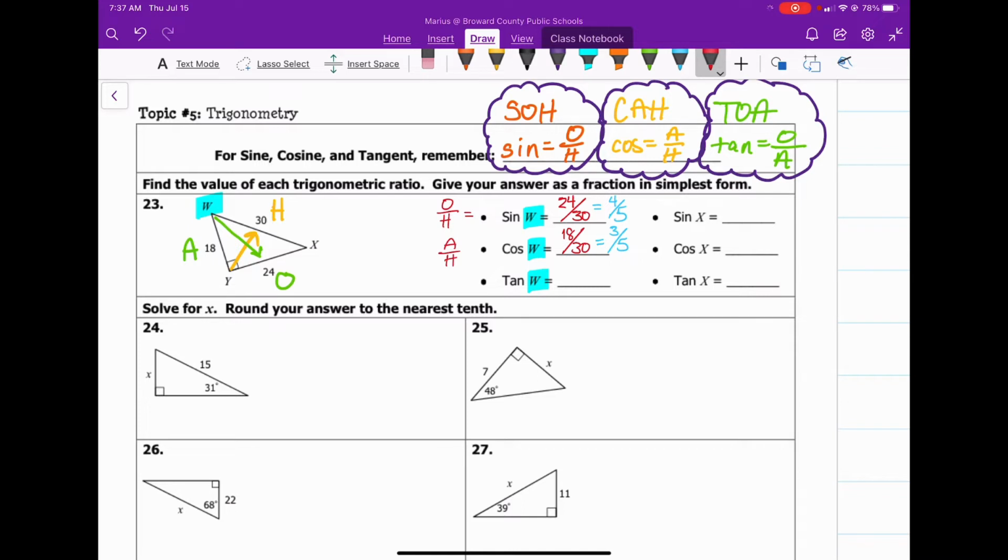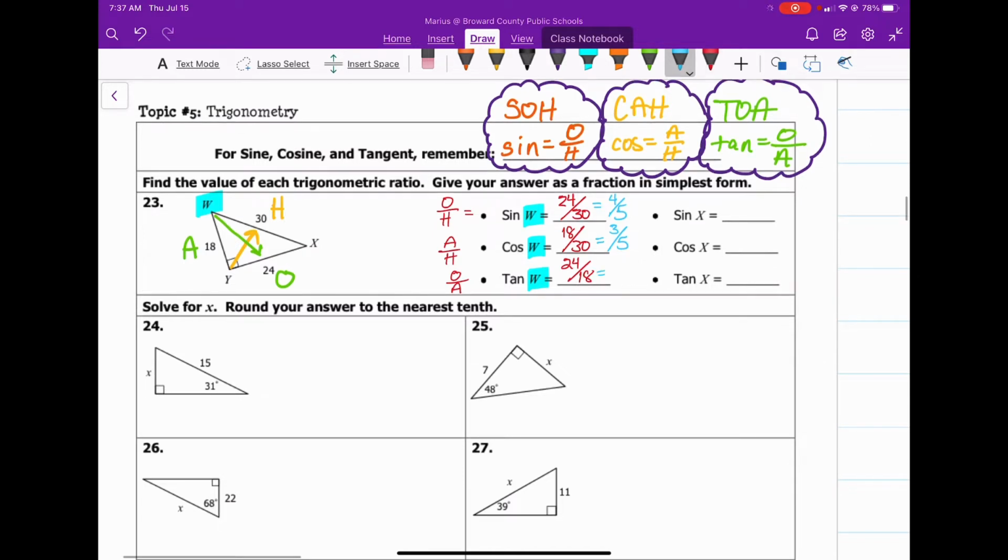Tangent of W is opposite over adjacent. The opposite is 24, the adjacent is 18. Both can be divided by 6. This becomes 4/3.